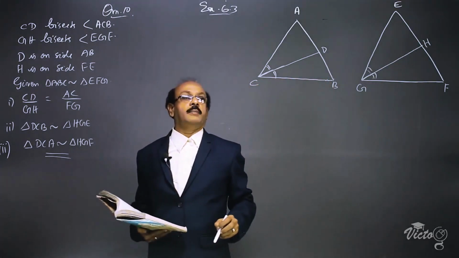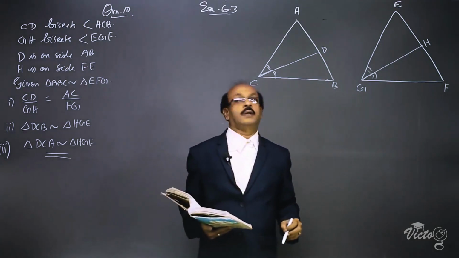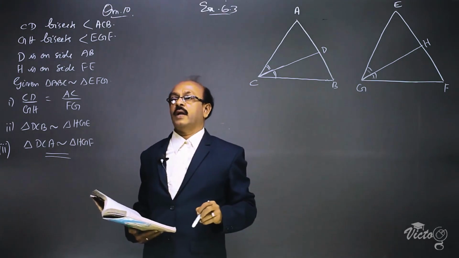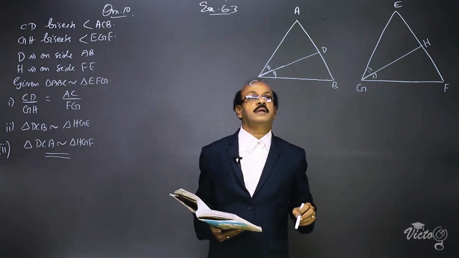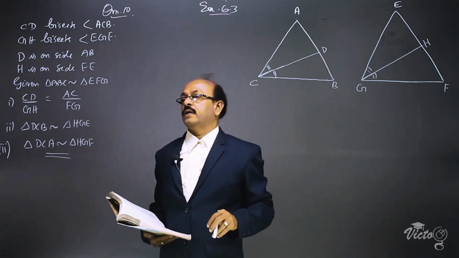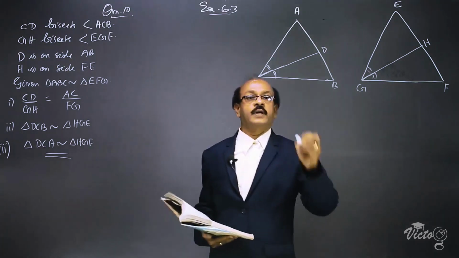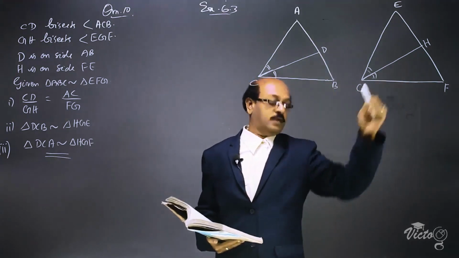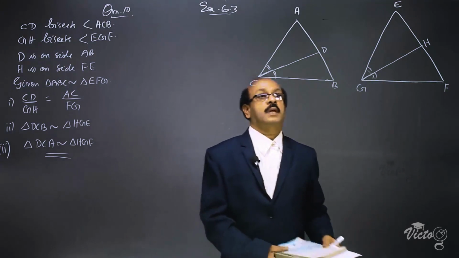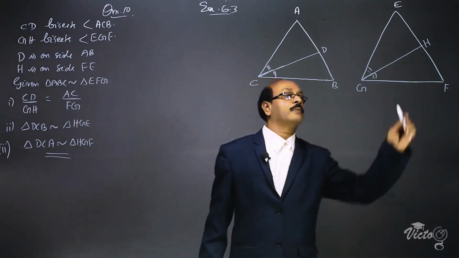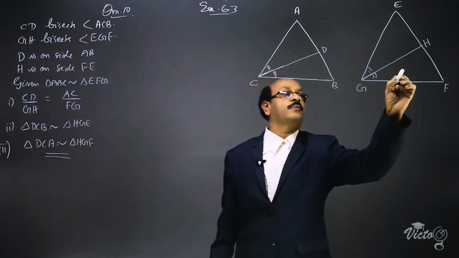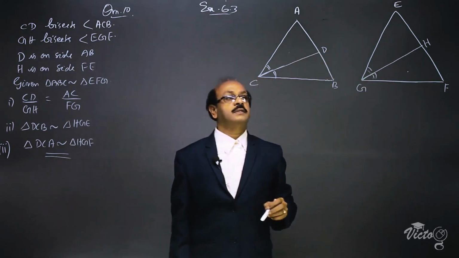D is on side AB and H is on side FE. Given that triangle ABC is similar to EFG. First thing we have to prove is CD by GH is equal to AC by FG. Now we have to consider these two triangles.